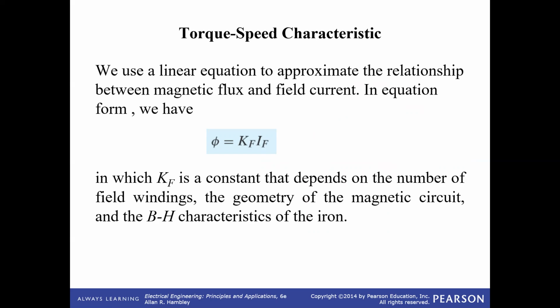And we use this equation for flux. We know that flux is always proportional to IF, so we relate it as flux equals a constant KF times IF, where KF is a constant that depends on the number of field windings, the geometry of the magnetic circuit, and the magnetic characteristic of the iron.